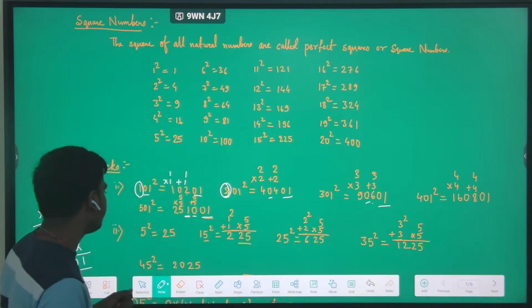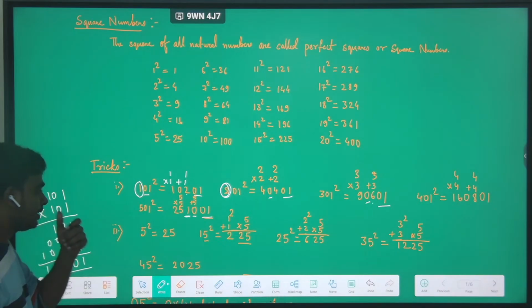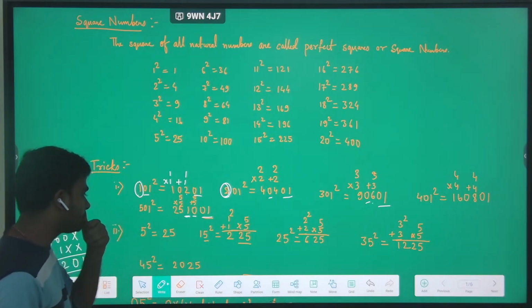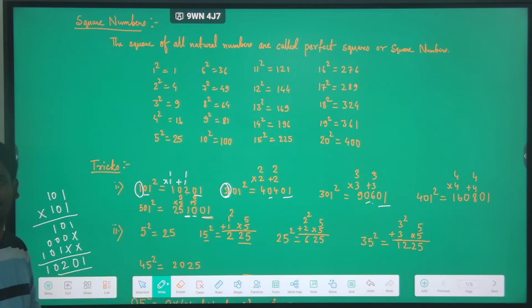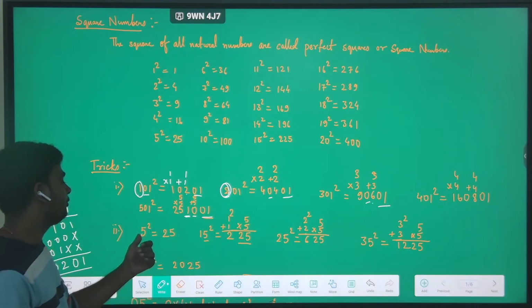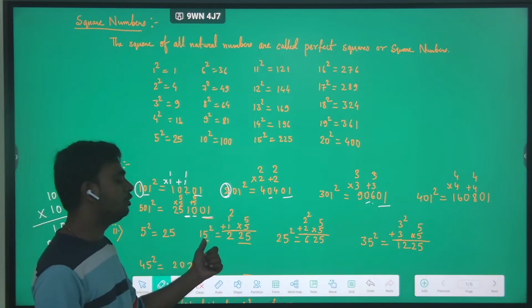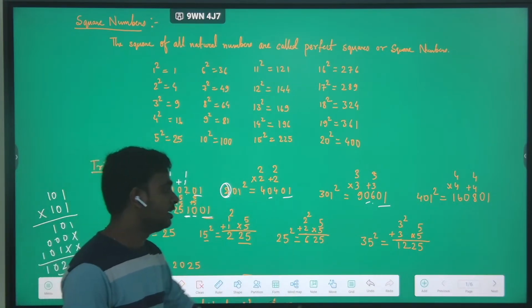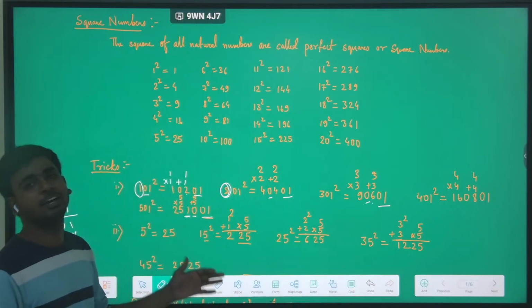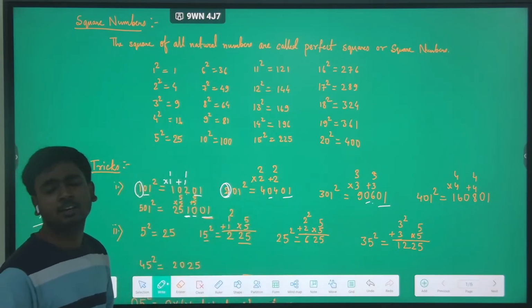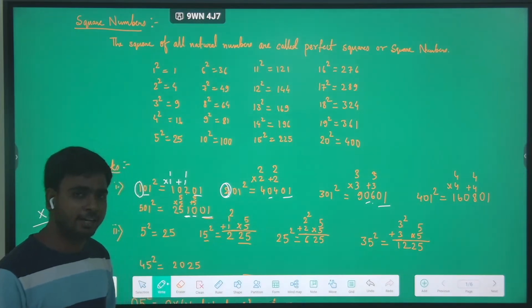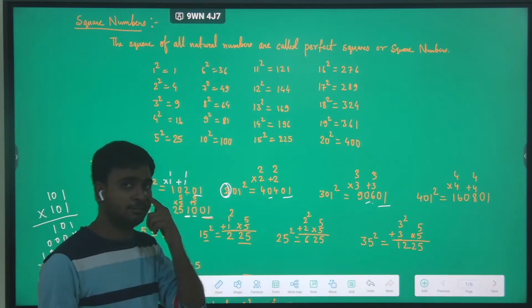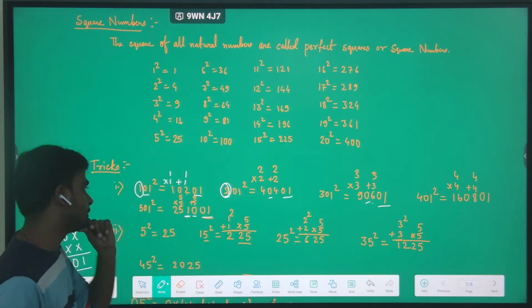Okay. Now the second trick goes like this: if we are asked to find the squares of numbers ending with 5. For example, 5 square, 15 square, 25 square, 35 square, 45 square, 55 square, any square ending with 5. So how can we calculate? There are two tricks for this type of number.